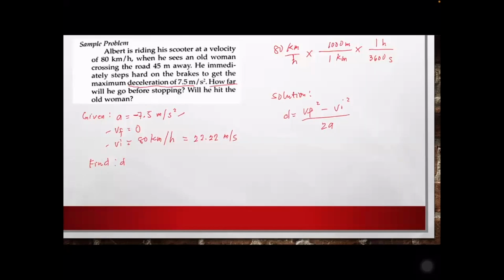Okay, so what is our final velocity? That is 0 squared minus the initial 22.22 squared over 2 times a. What is our a? It's negative 7.5. Compute. What is the answer, Okado? 32 point?